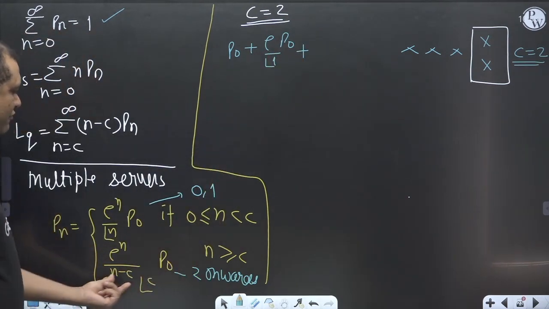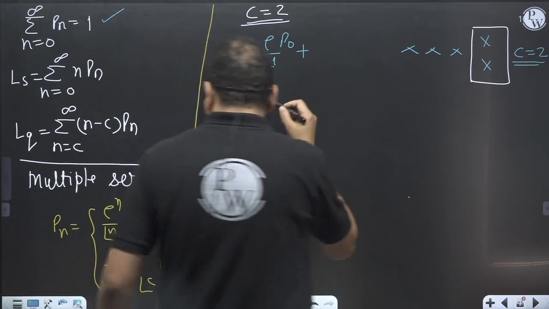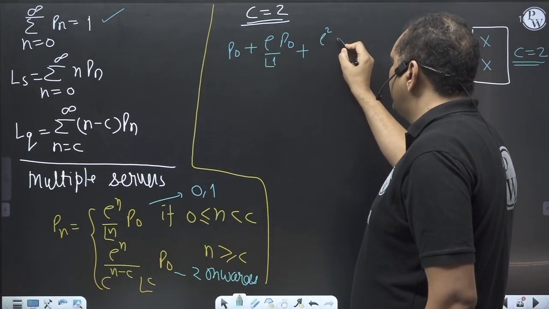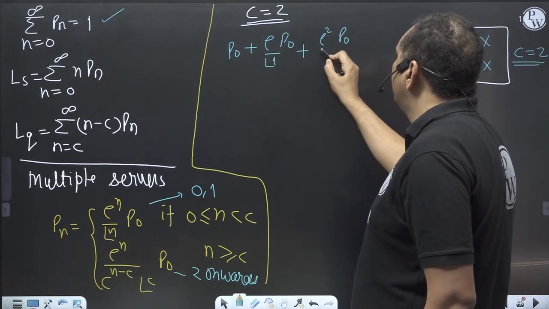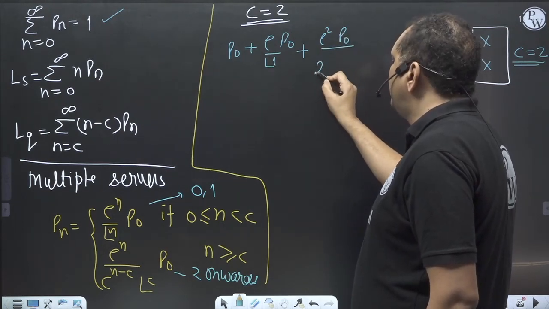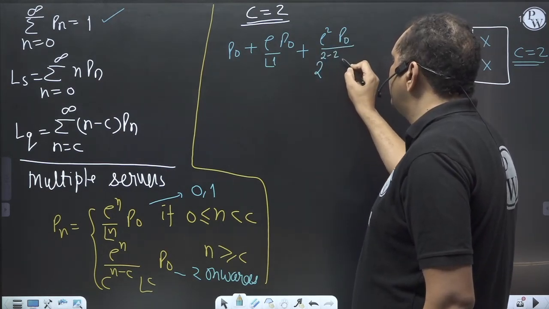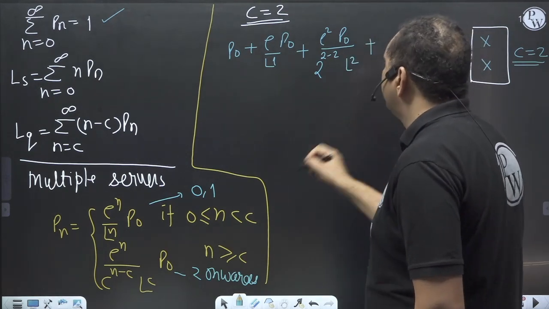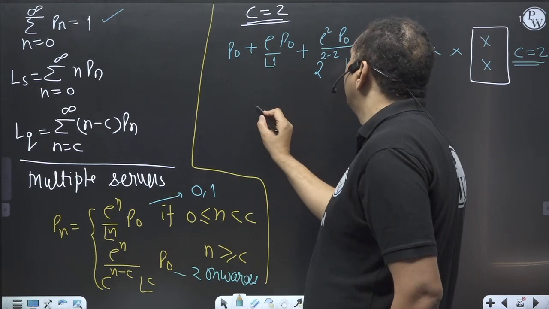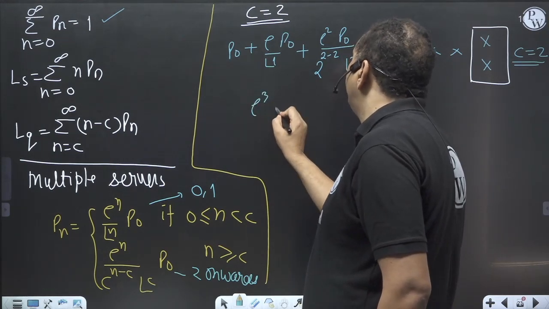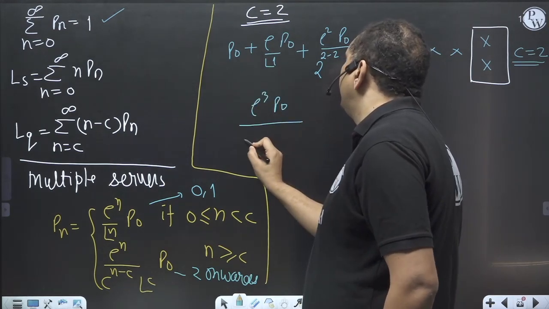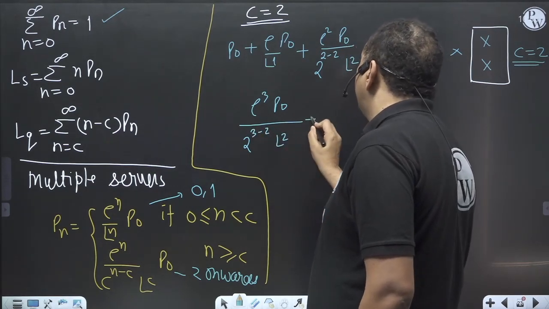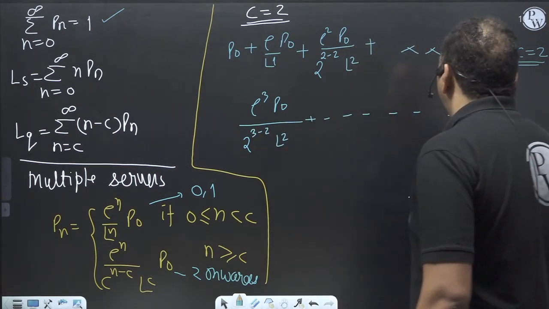Now for 2 onwards, I will use this formula: rho square P0 divided by 2 raised to power 2 minus 2, factorial 2, plus apply 3 here: rho cube P0 divided by 2 raised to power 3 minus 2, factorial 2, and so on, equal to 1.